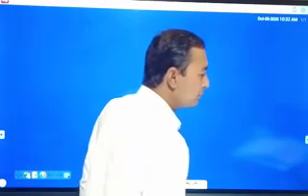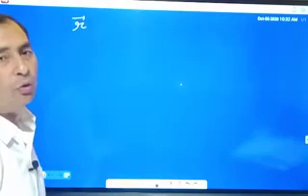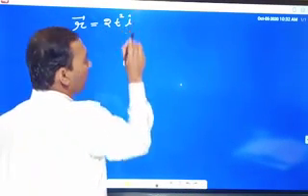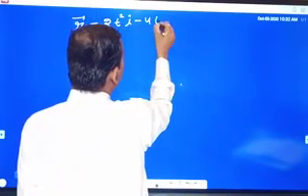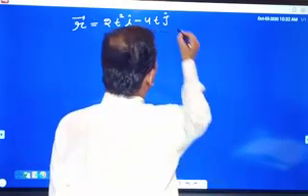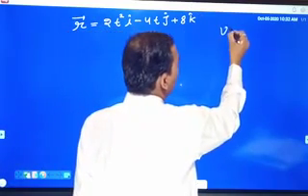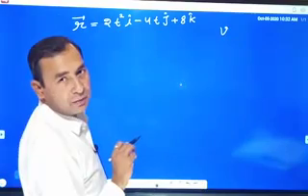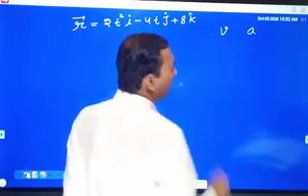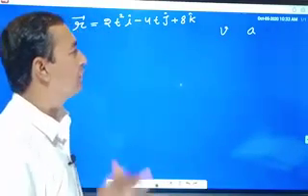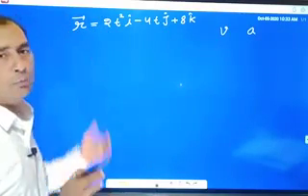That question is: the displacement vector of a moving body is written by s or r or xyz. That r vector is given, that r vector is 2t square i cap minus 4t j cap plus 8k cap, and we have to find the velocity vector and magnitude of velocity, and we find the displacement vector and the magnitude of acceleration vector of this particle or moving body.